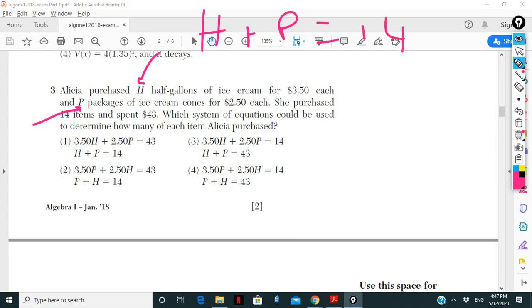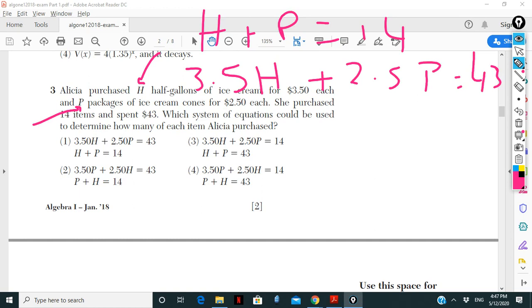Now, multiplying the cost by the number gives you the total cost for half gallons, and the same for 2.5 for packages. It should come to 43. So I created the equation: h plus p equal to 14 and 3.5h. So the answer is number 1.